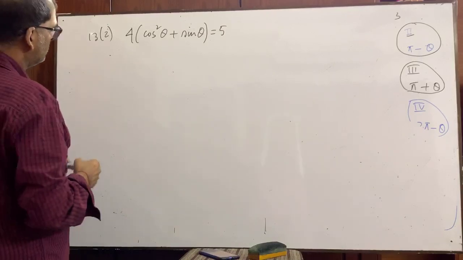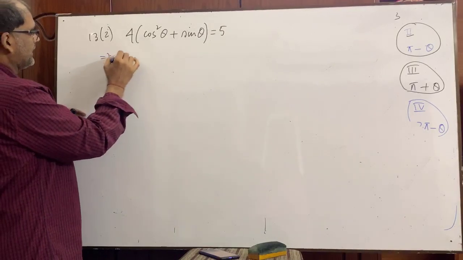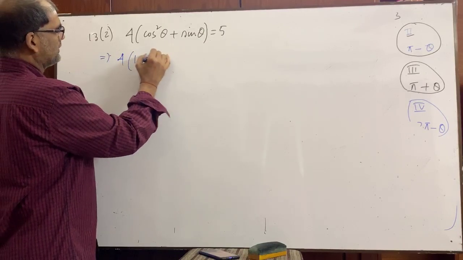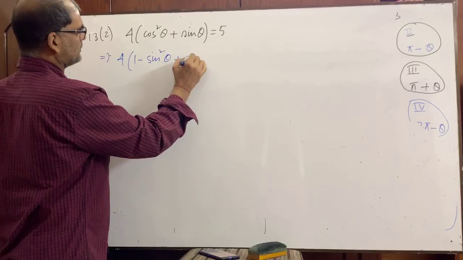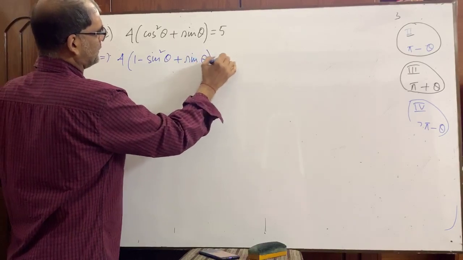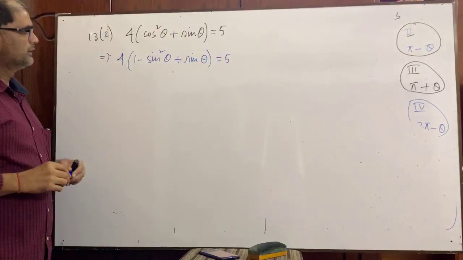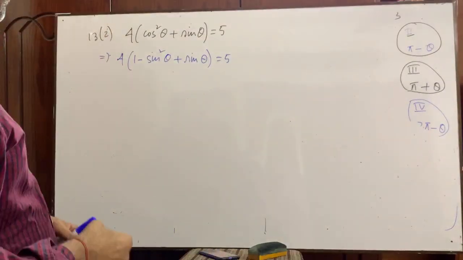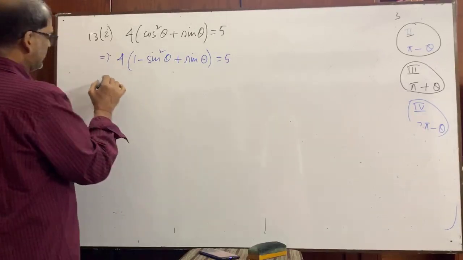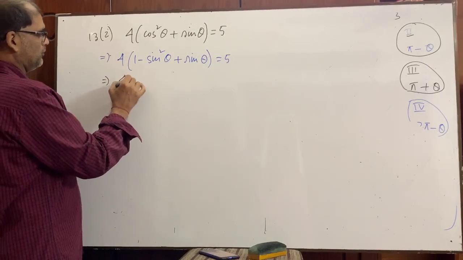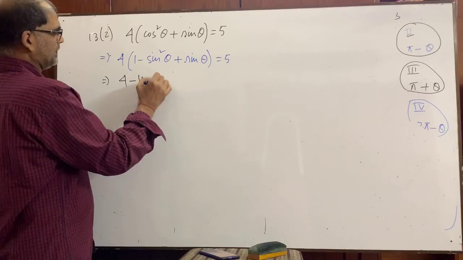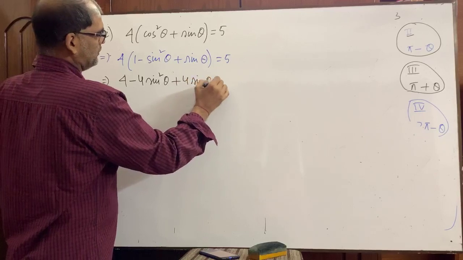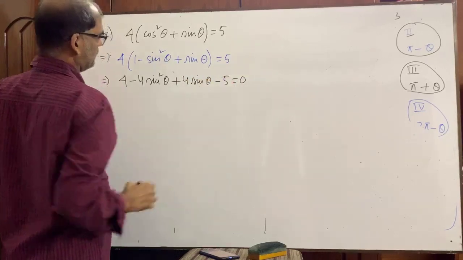Very good. That means we can write here 4(1 minus sin square theta) plus sin theta equals 5. Cos square theta means what? 1 minus sin square theta. Then we can write: 4 minus 4 sin square theta plus 4 sin theta minus 5 equals 0.